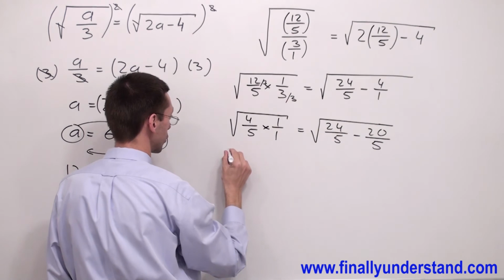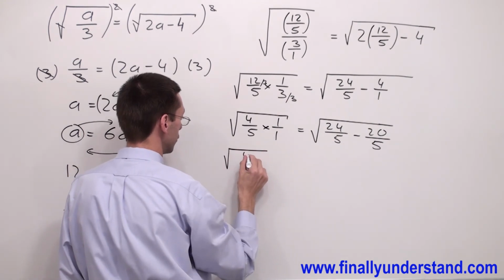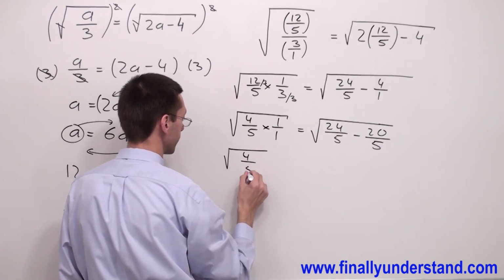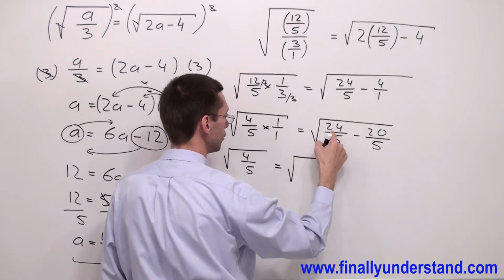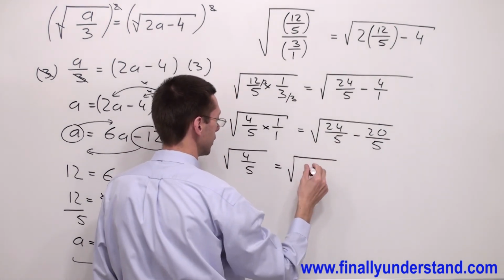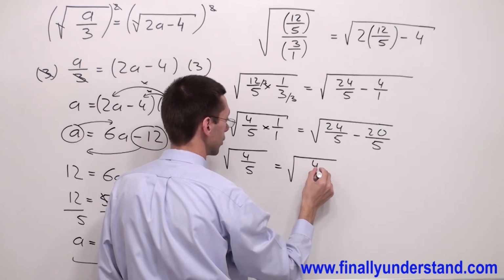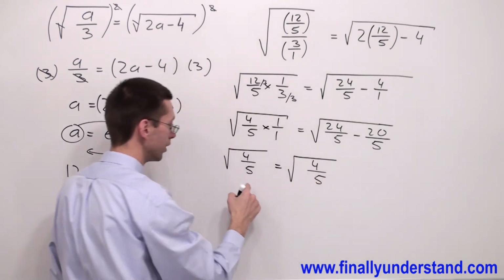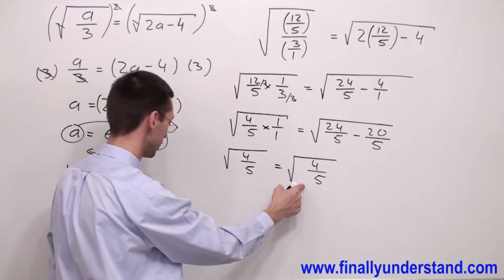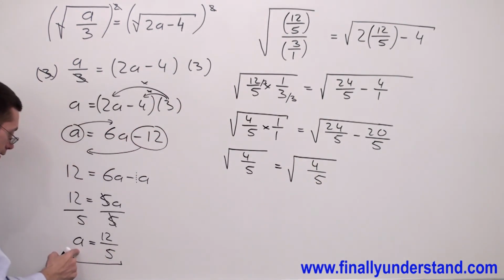I have square root of 4 over 5 equals square root of 24 minus 20 is 4, and the denominator stays the same, 4 over 5. As you can see, the left side is equal to the right side. That's why a equals 12 over 5 is the solution to my problem.